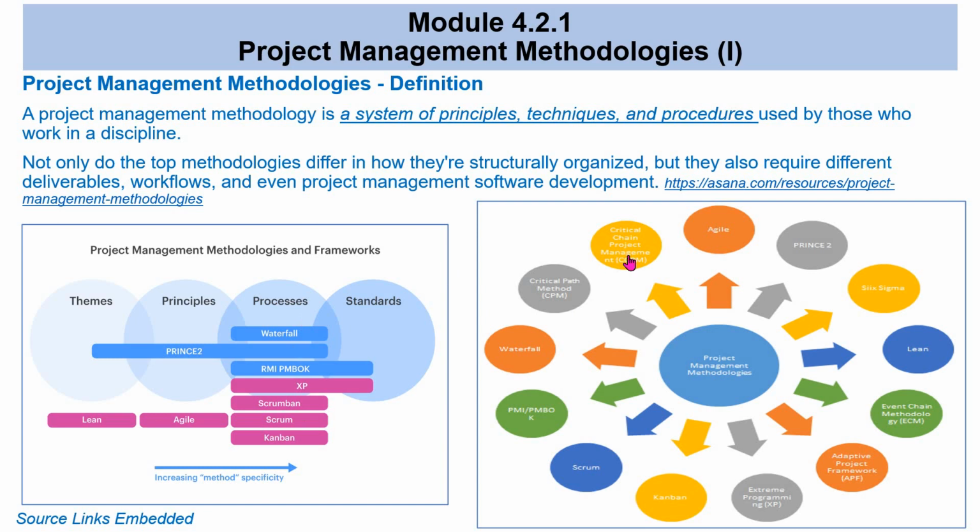So if you go further, there are many others like critical chain project management, Six Sigma, event chain, and the critical path method, as well as extreme programming. Now, this is why project management is a versatile field.